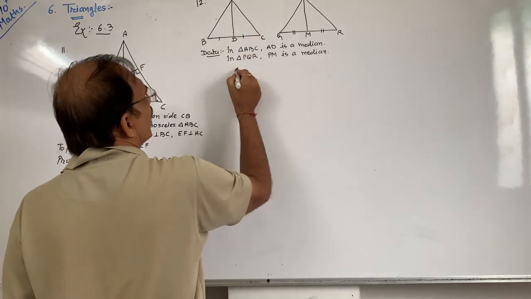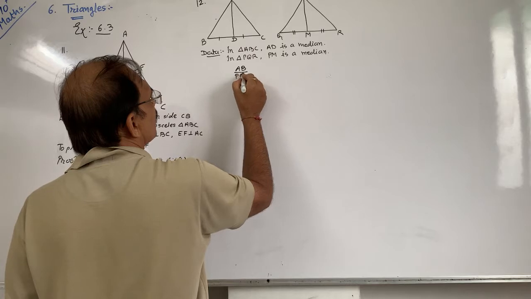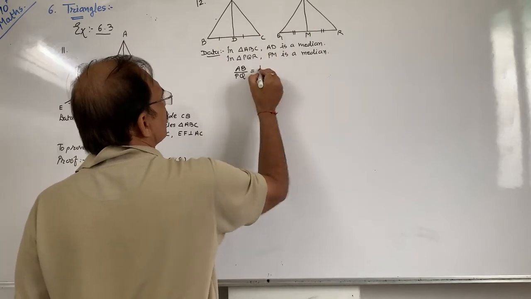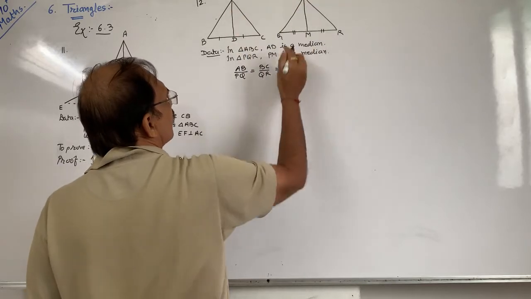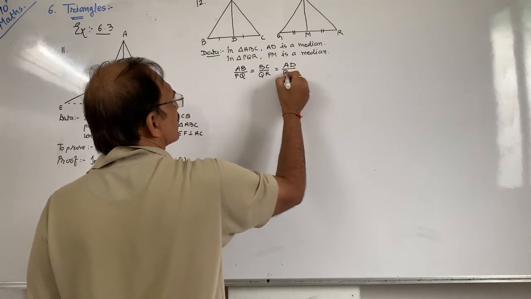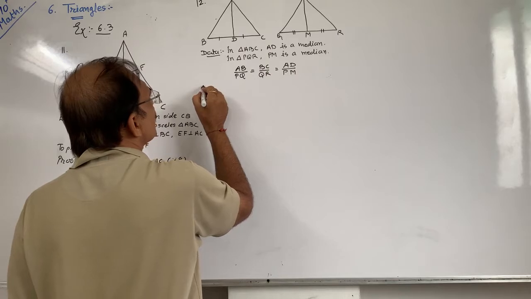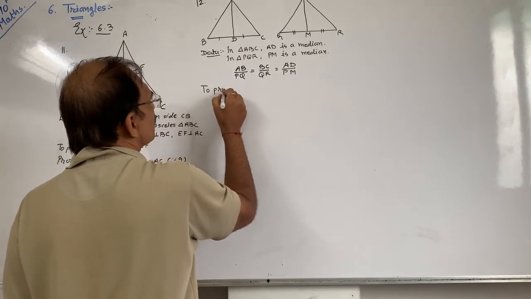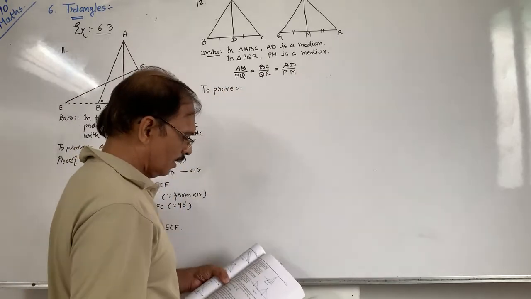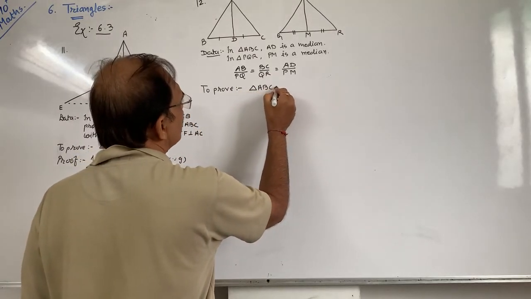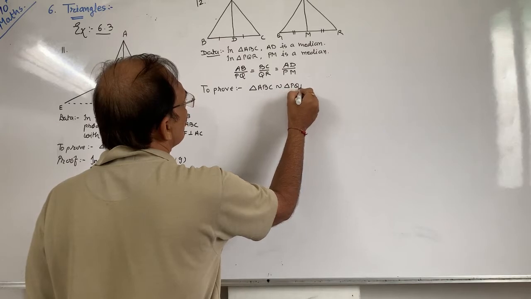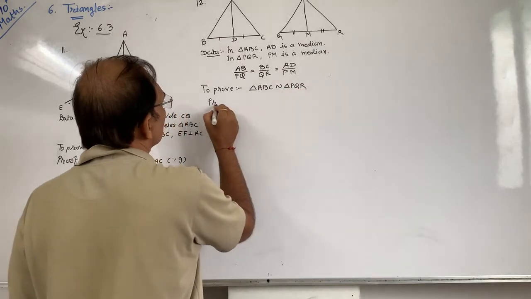AB upon PQ, BC upon QR, that is equal to median AD upon PM, given. Sides are in same proportion. To prove what? Triangle ABC similar to triangle PQR.